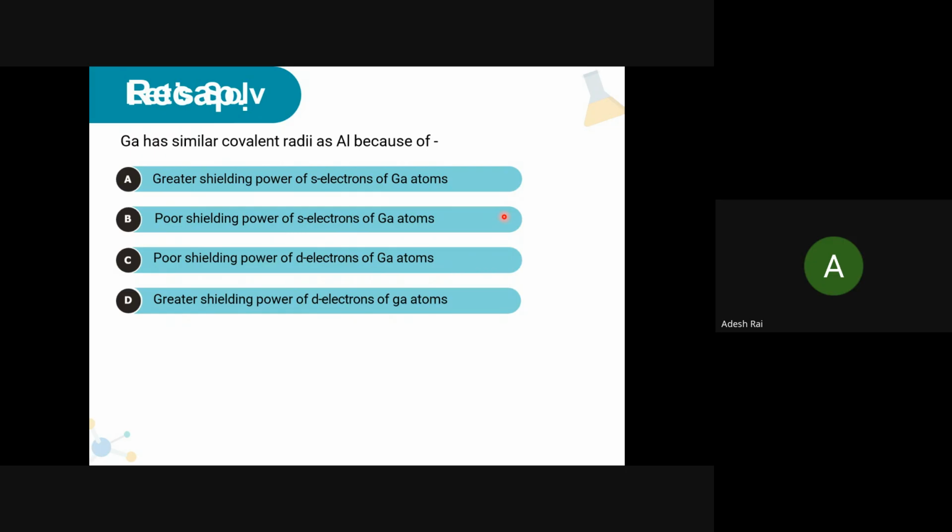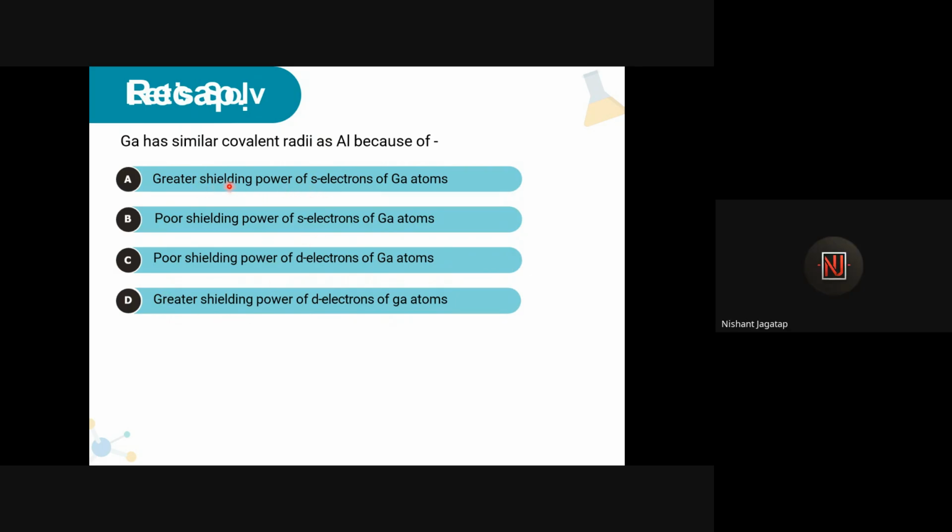Just now we studied, some time ago, what happens in the case of aluminum and gallium. Just before gallium, we have d-block elements, and the shielding effect. Tell me yes or no. What could be the option from this?